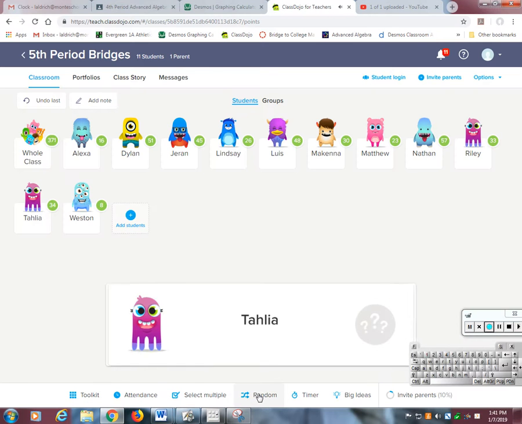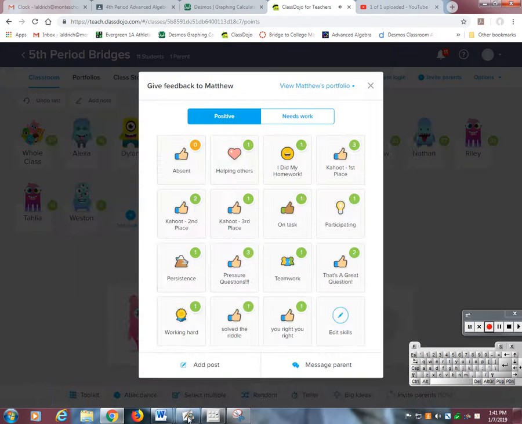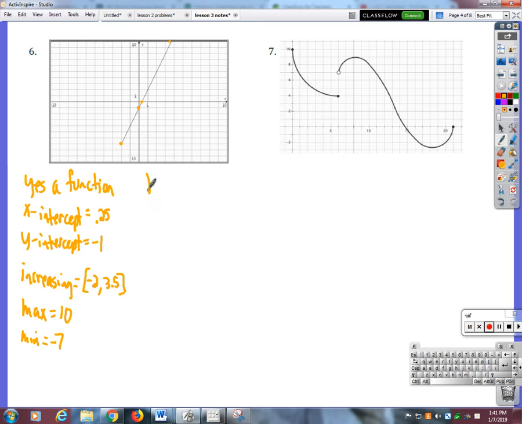Okay, let's see if we can get, nope, we get Riley again on the domain and range. Matthew? What are all the x values? I think it's, yeah. Okay.